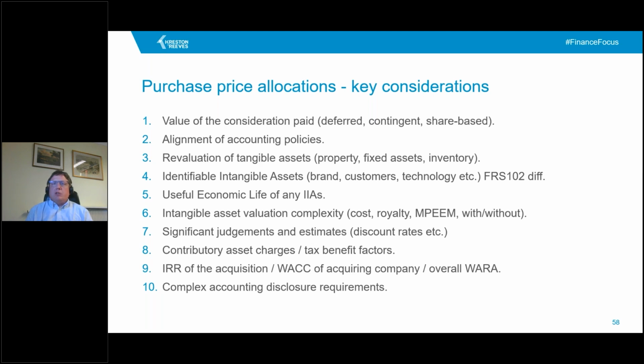The actual recognition criteria differ between FRS 102 and IFRS, but in essence, recognition criteria include the materiality of the asset being income generating, its value being measurable, and if the asset is separable and or contract based. Typically, the areas, as I've said, that we get involved with are brand, customer relationships, and technology. But other revaluations that need to occur as part of the PPA process would include property, inventories, and all sorts of other assets and liabilities.